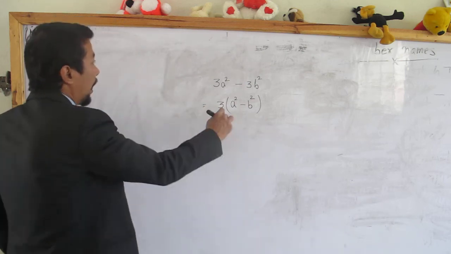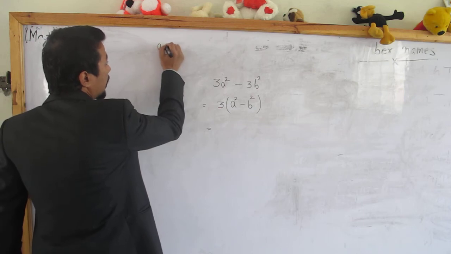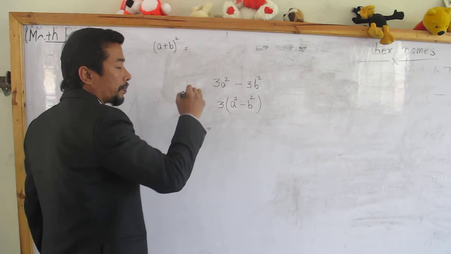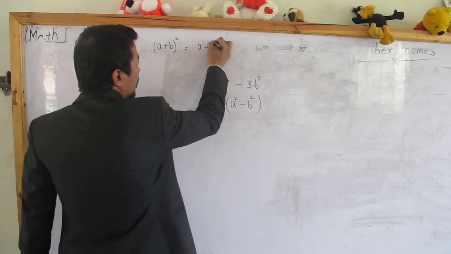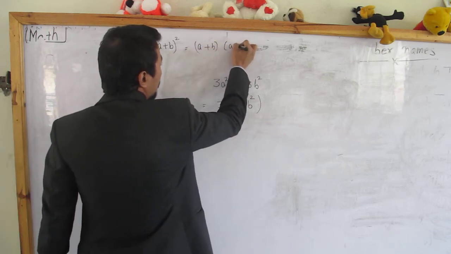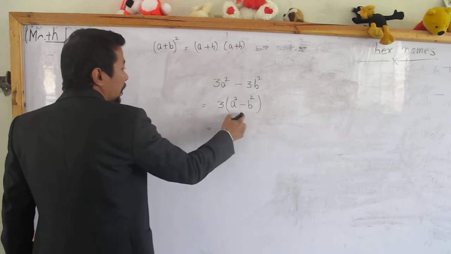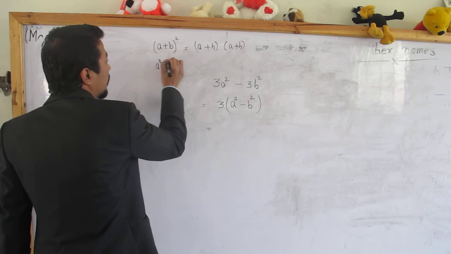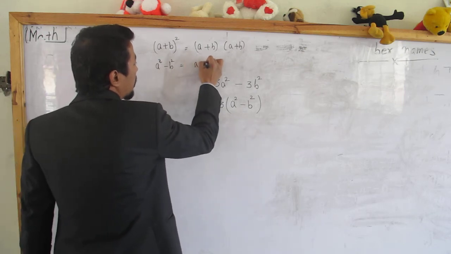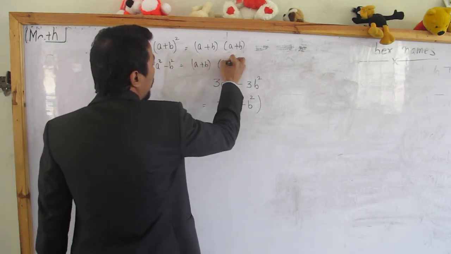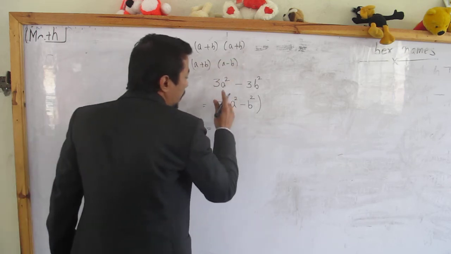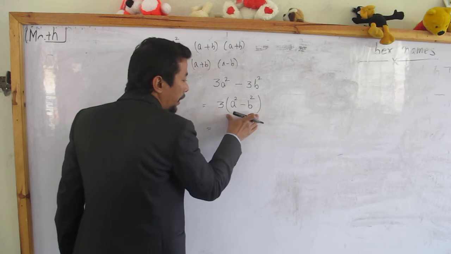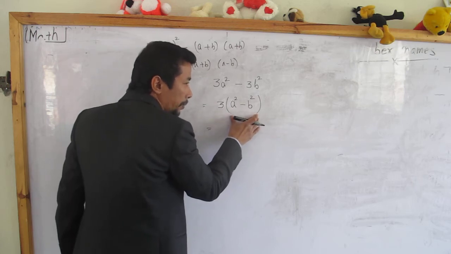Okay. Now if you remember, we started with a plus b whole square, and that was a plus b times a plus b. Now the factor form of a square minus b square is a plus b, a minus b. So we did the first step. We found the common. Now when we are here, this is our answer.